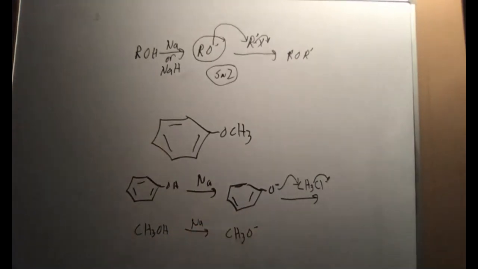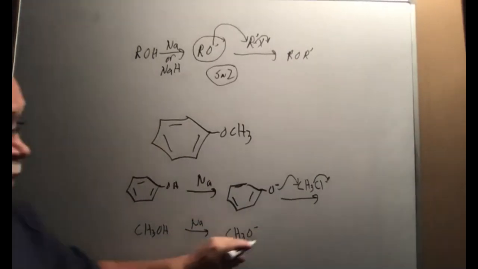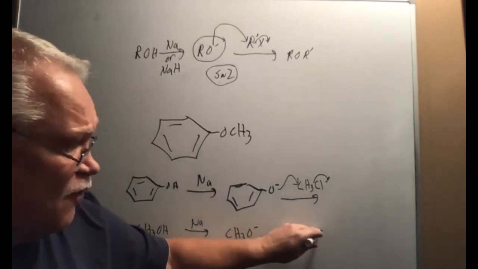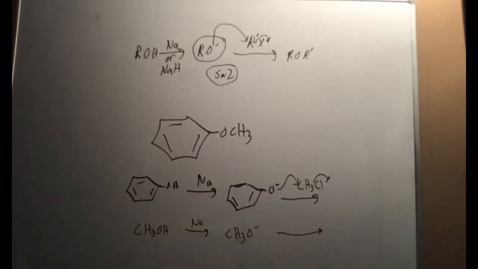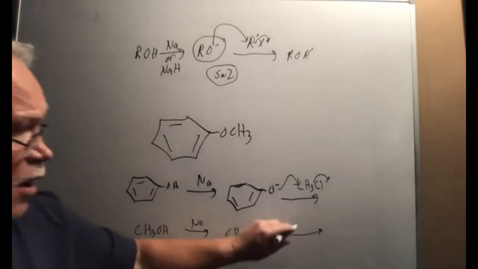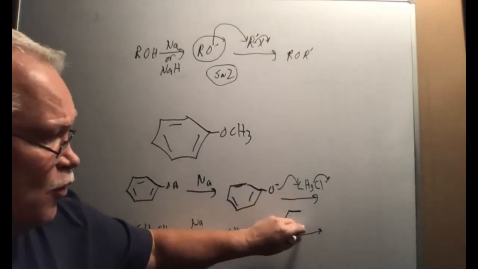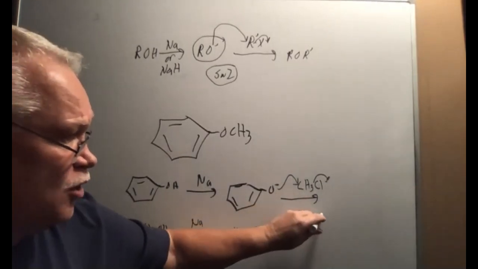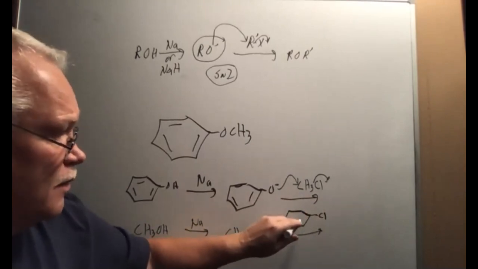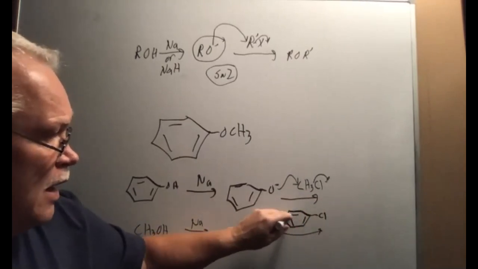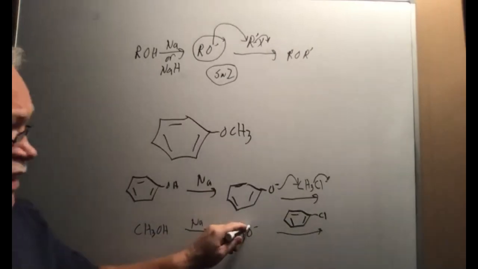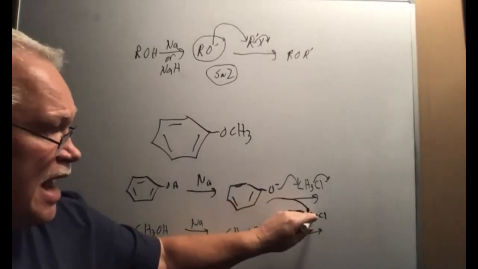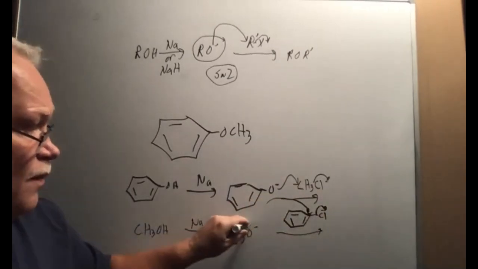All that does is deprotonate the alcohol. Then I ask myself, what alkyl halide would I use here? The halide that I'm going to use is going to be this one. Again, this comes in, backside attacks, kicking the chlorine off.